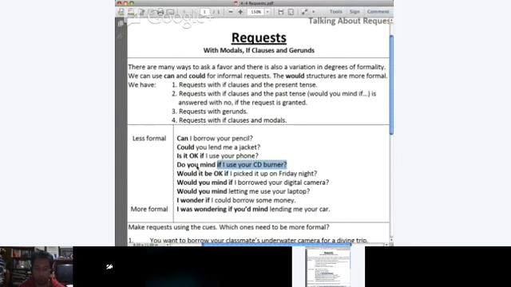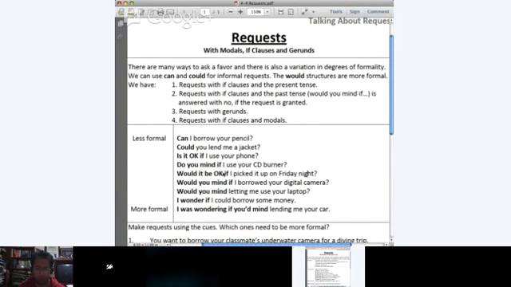All right, next one. Would it be okay if I picked it up on Friday night? Which type is that? 1, 2, 3, or 4? Yes, it's the second type. It's number 2: requests with if clauses and the past tense.